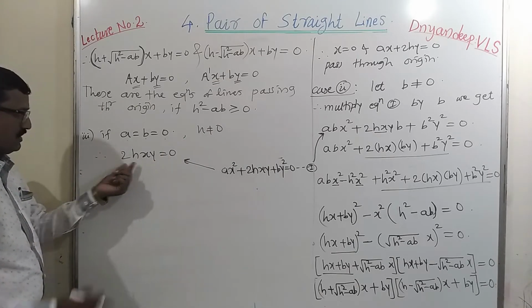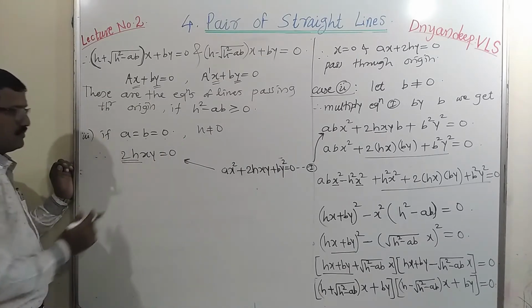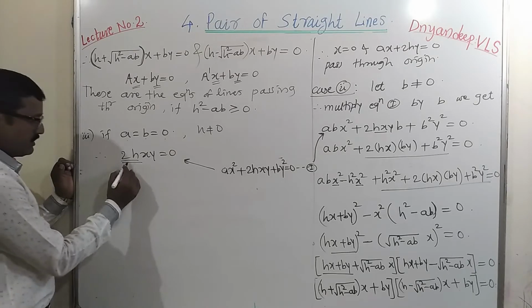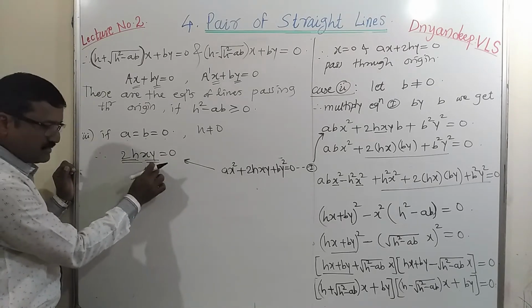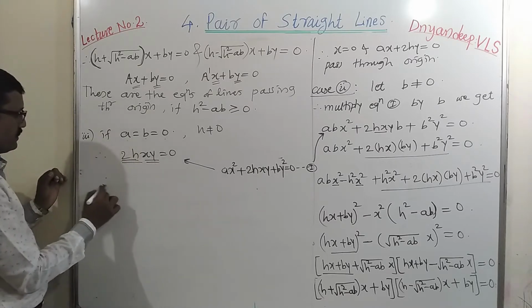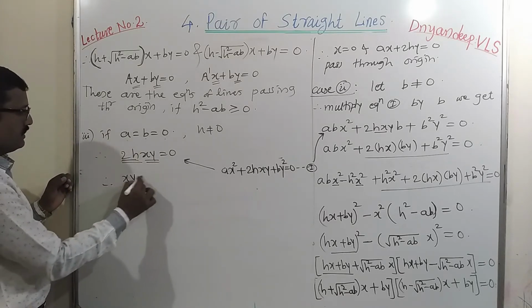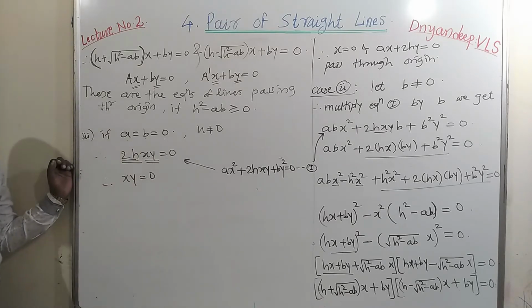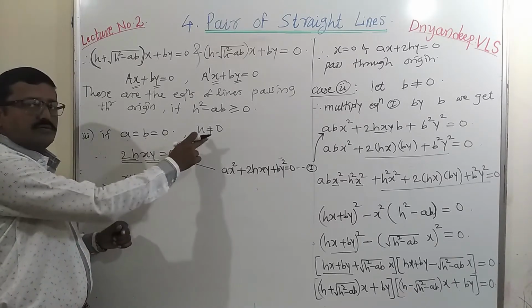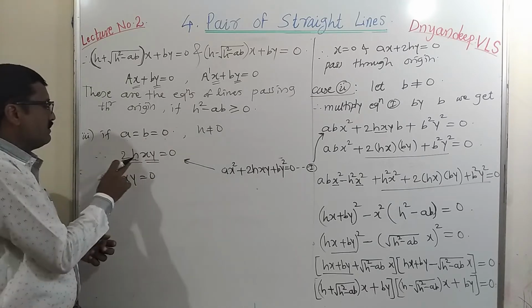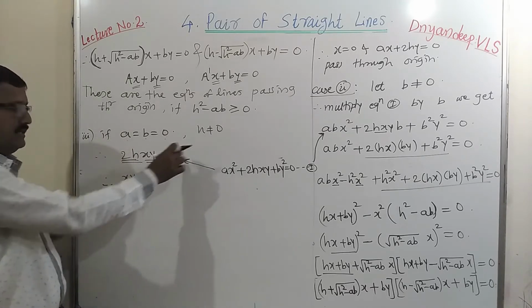As h is not equal to 0, this h is non-zero, so 2h is not equal to 0, but the product of 2h and xy is 0, so this xy must be 0. Therefore this implies xy is equal to 0. Because a and b are 0, obviously h is not 0. So whenever h is not equal to 0, this xy will be 0.